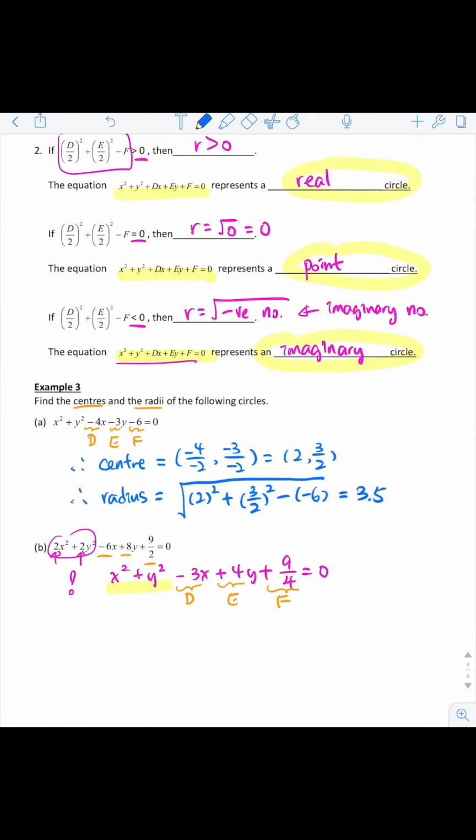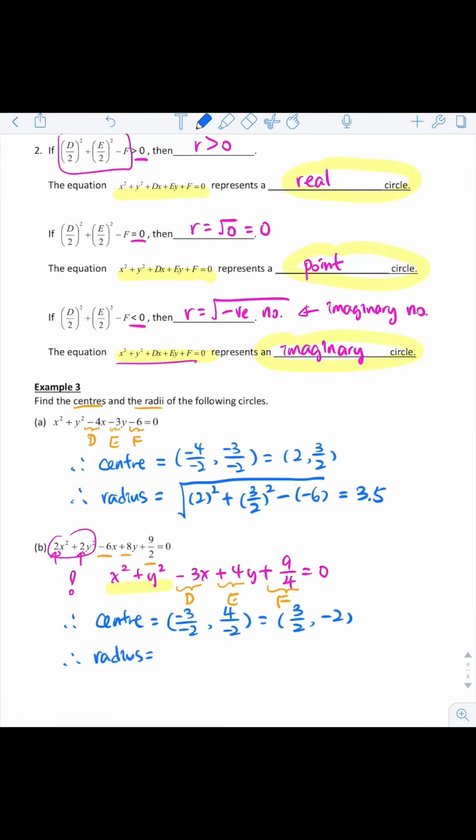And finally, we can still apply the formula to find the center and radius. So for this case, the center is -3 over -2 and 4 over -2. So we got 3/2, -2.